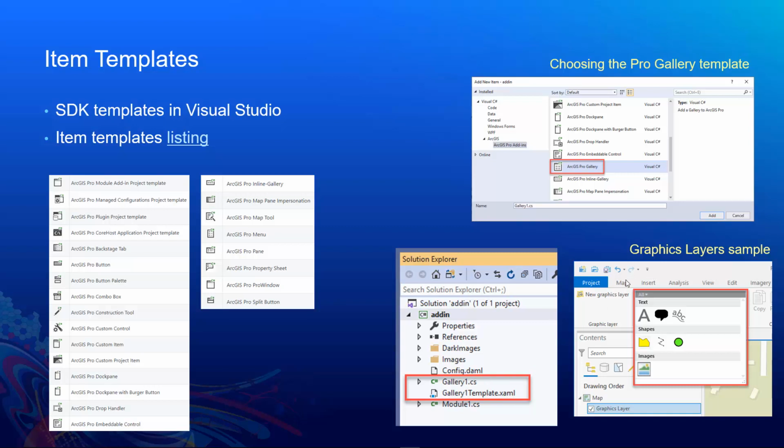And in using it within your add-in, that gallery could look something like this, which is from our graphic layers community sample. All right, so that's another major component of actually approaching these: using existing item templates to build out your user interface.